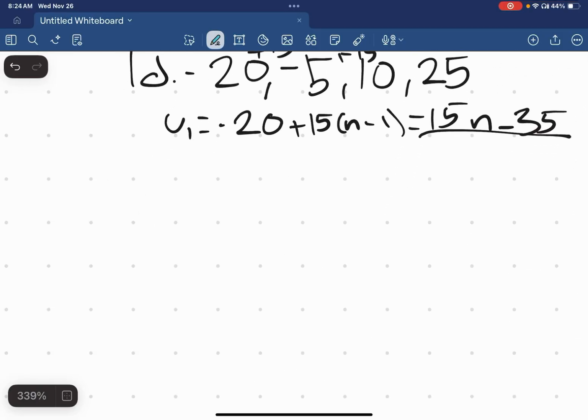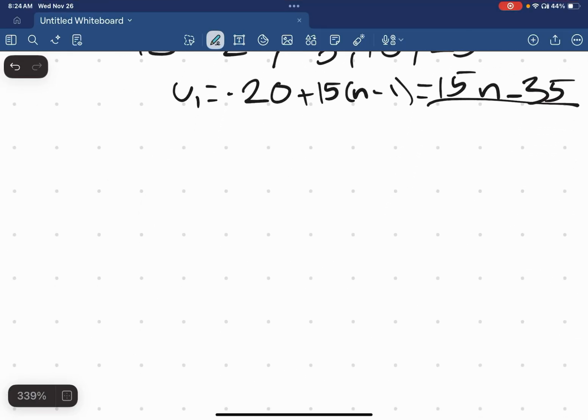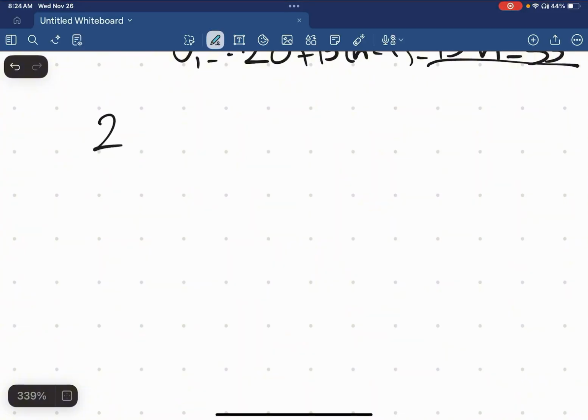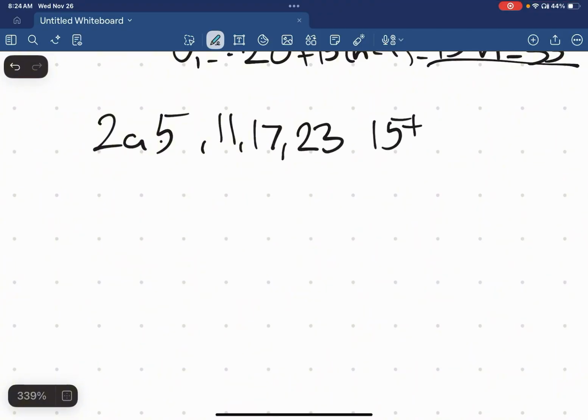Okay, number 2. We have to find the indicated term it's asking about. 2a, we're given a sequence and it asks about a specific term: 5, 11, 17, 23. Here it asks about our 15th term. Since these are sequences, we can find the general term and plug in 15.